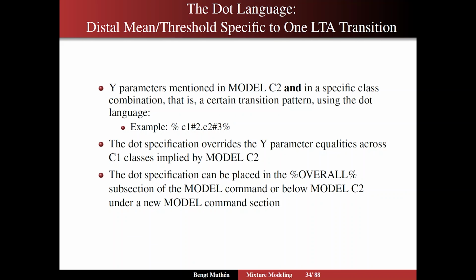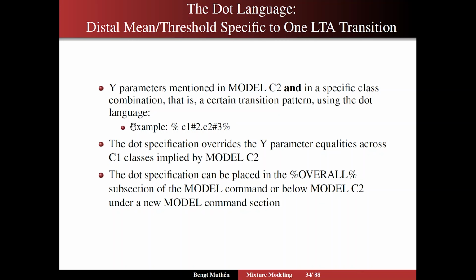We introduced the dot language, and in this case we want a distal mean or a threshold specific to one specific LTA transition. The Y parameters mentioned in model C2 and in a specific class combination, which corresponds to a certain transition pattern, can be specified using the dot language.